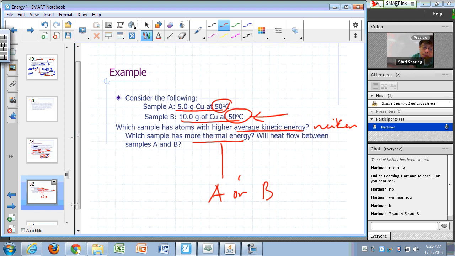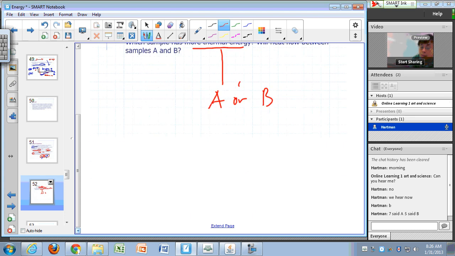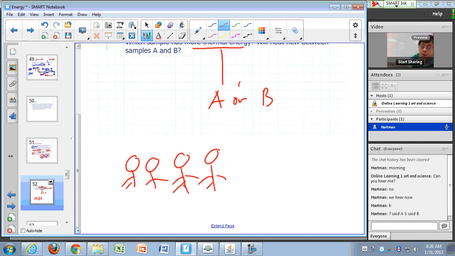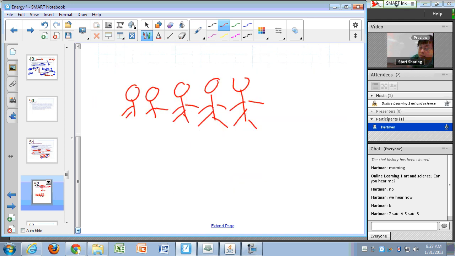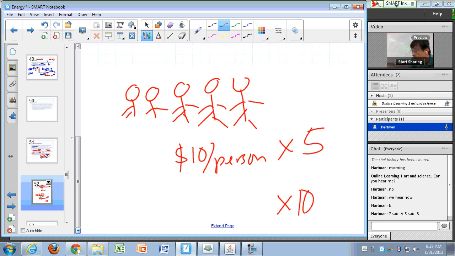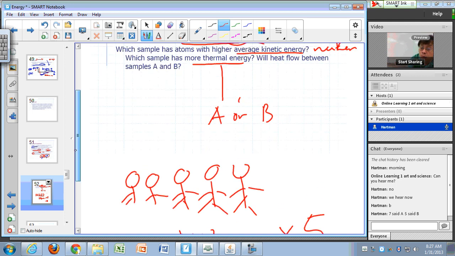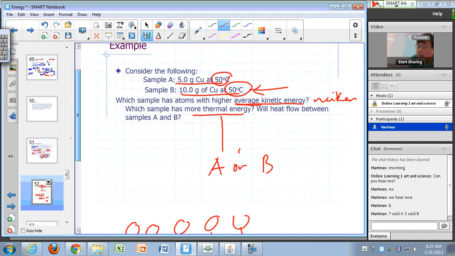Because it's like saying you have 5 people versus 10 people. Let's say the average is $10 per person. If you multiply that by 5 people, you get less money as opposed to if you multiply that by 10 people. So we say temperature is an indication of the average kinetic energy.